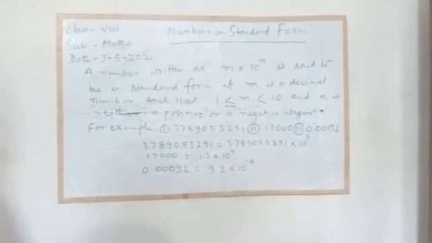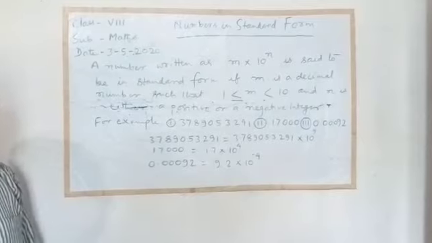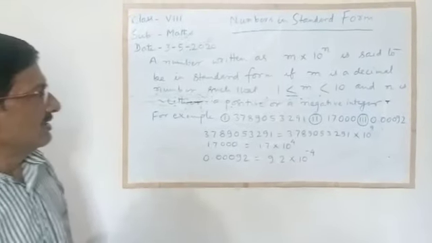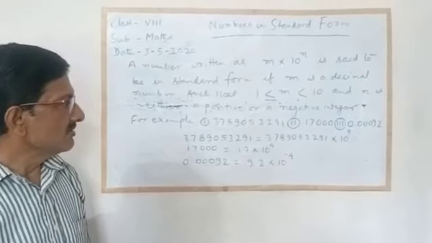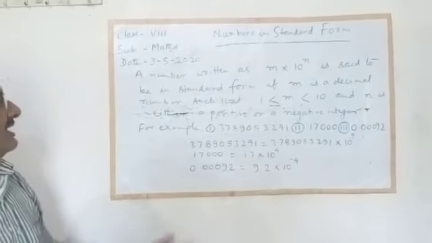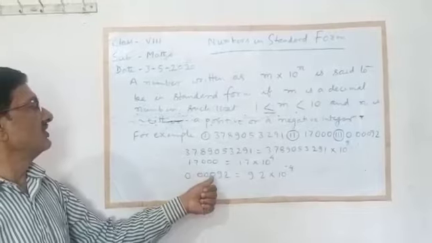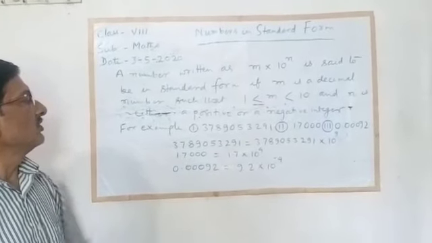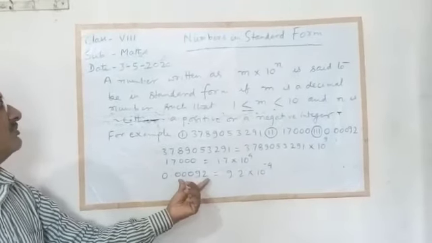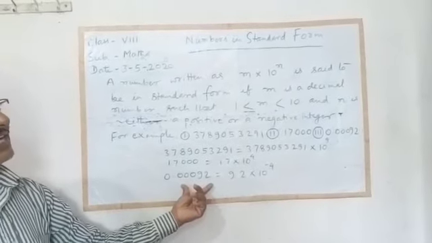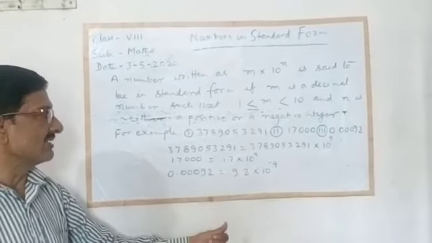In the third example, we have taken a number which is less than 1. So it is a decimal number, 0.00092. Here we have to make it a number greater than 1 but less than 10.